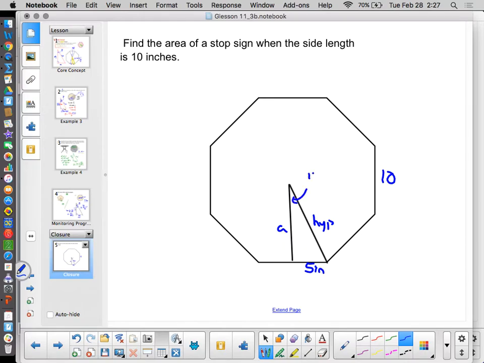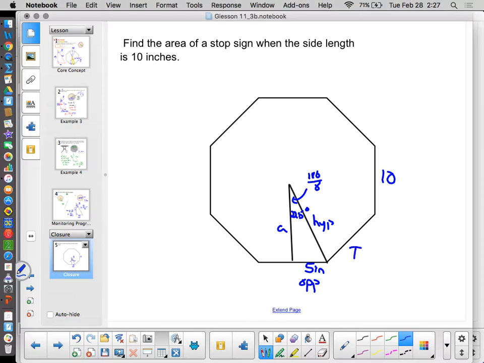And this angle is 180 divided by 8, which is 22.5 degrees. And that's exactly 22.5, so we'll leave it there. This is the opposite side. Just like the last example, opposite and adjacent are in play. Hypotenuse really isn't important to us right now.